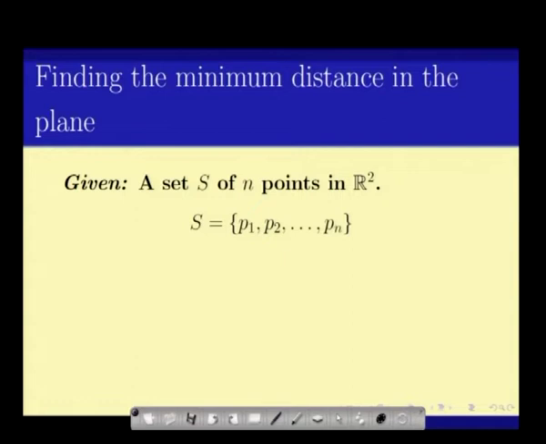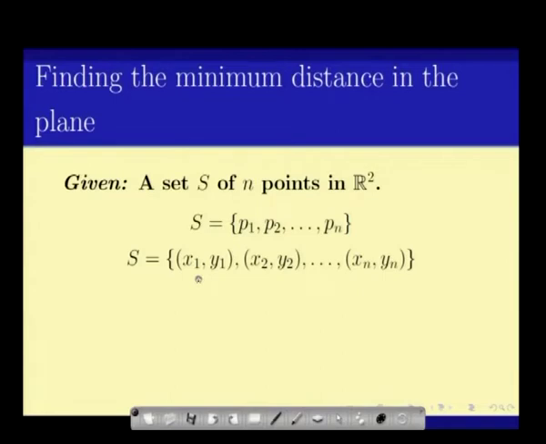By R2 I mean the xy plane. The points are p1 to pn. For each point we have been given the x coordinate and the y coordinate. So, x1 y1 is the first point, x2 y2 is the second point, and so on till xn yn.